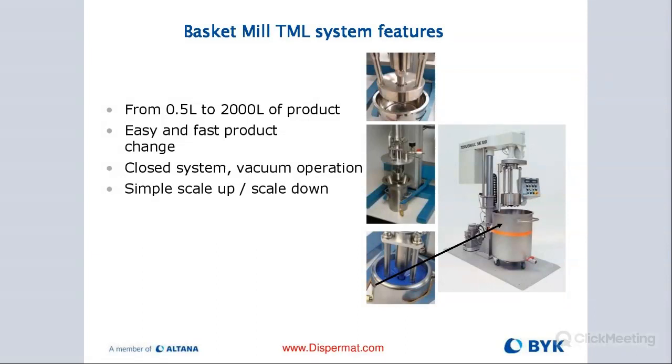We have a vacuum system also if you want to mill under vacuum. That's sometimes helpful. If you want to remove the air, you get a little bit more milling efficiency. Imagine the air bubbles are tiny little air mattresses, and the beads that impact those, they act like little buffers to reduce the milling efficiency.